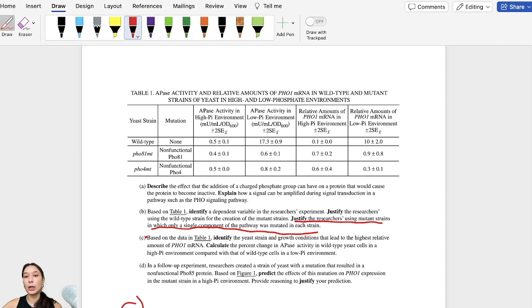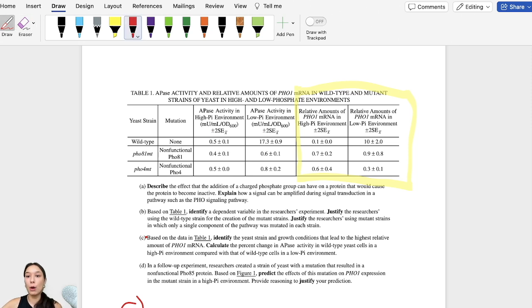So we're only looking, in this case, at these two columns, right? It's not asking you about APase activity, it's only asking you about FO1 mRNA. So we're looking for the highest relative amount.